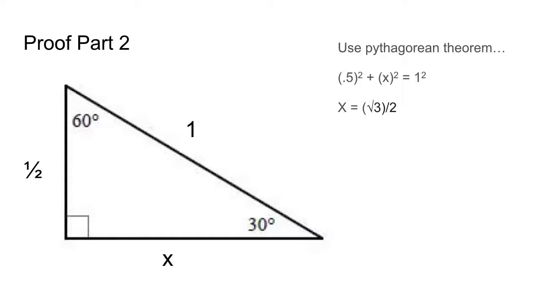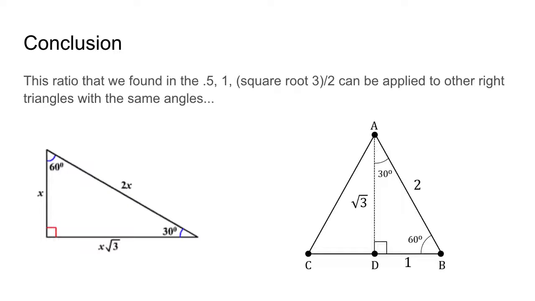Since DB bisects the angle ABC, we obtain a triangle with angles 30 degrees, 60 degrees, and 90 degrees. For the lengths, we can also look at the sides with ratios to each other of x, 2x, and x root 3.